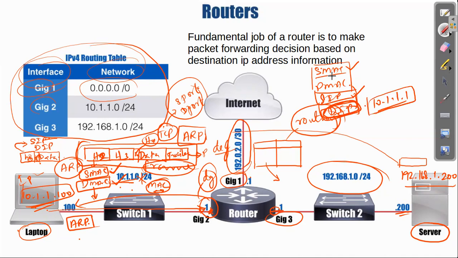Now the ARP message will reach this interface, and it will check the IP address. Now the IP address is matching. Then what will it do? The router interface will say, I am 10.1.1.1, so my MAC address is this, maybe AAA.